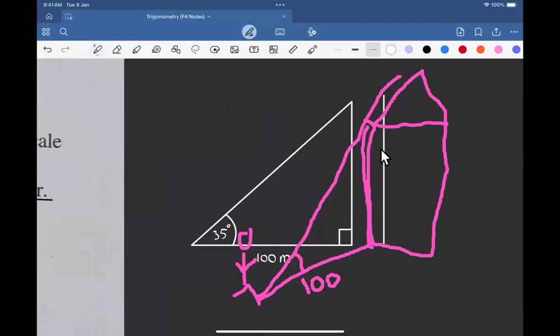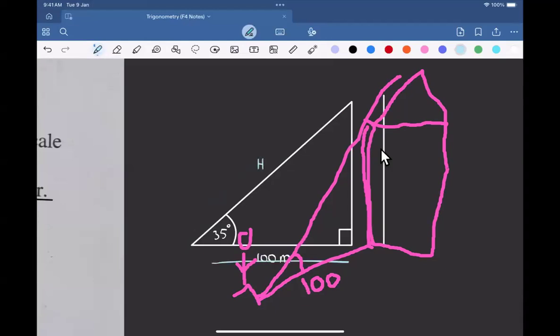So let me label the triangle accordingly. This side of my triangle, what would I call it? Since it's the slant line, I would call it H, the hypotenuse.